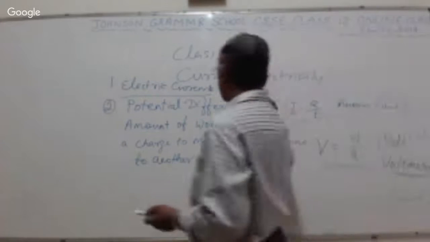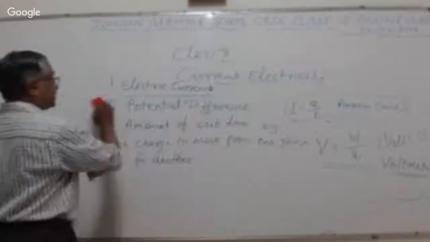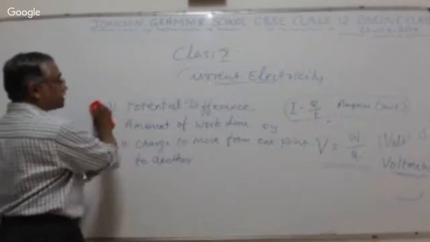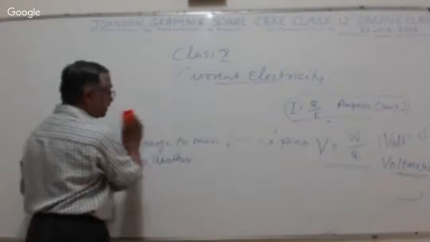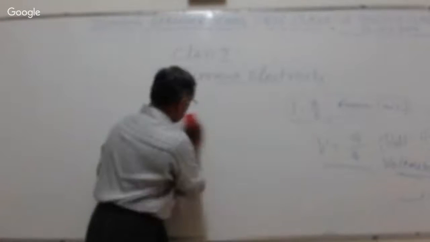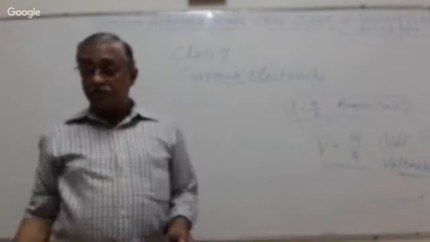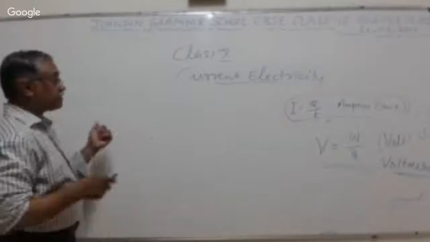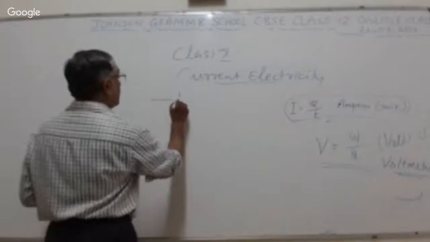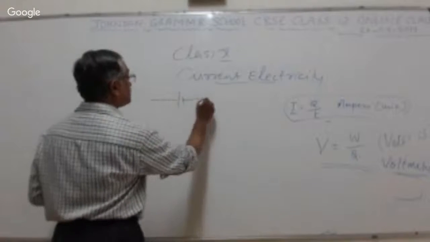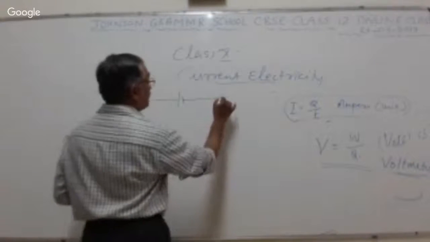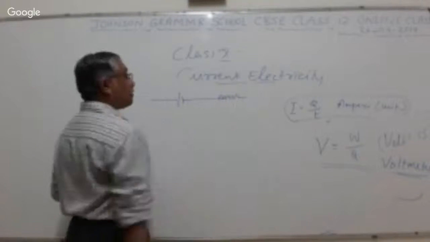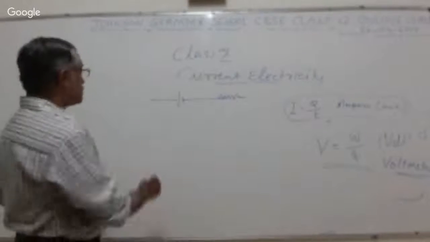Now, when you are making a circuit, let us discuss one electric circuit. You have been learning about electric circuits from class 7 onwards, so there is no problem understanding what an electric circuit is. In an electric circuit, the main components we use are a cell, which provides the potential difference, and of course there will be a consumer of electricity, which we call the resistance.